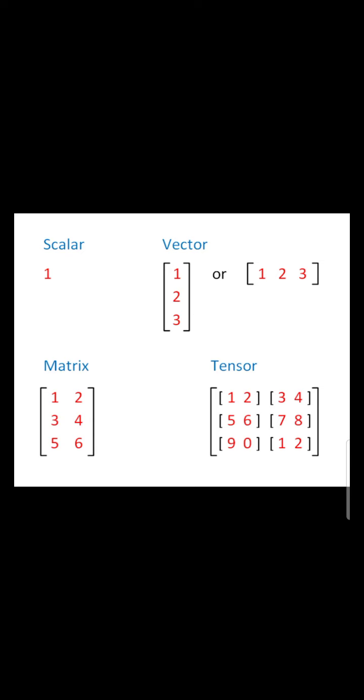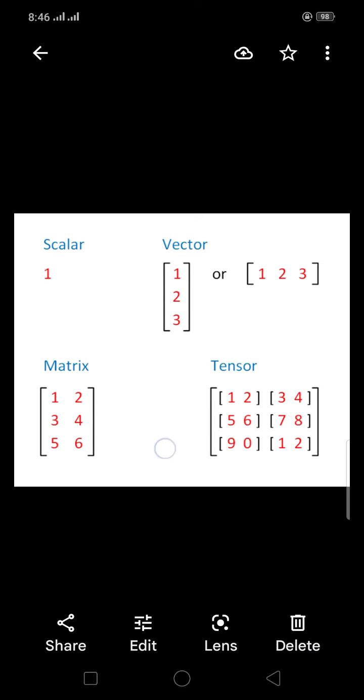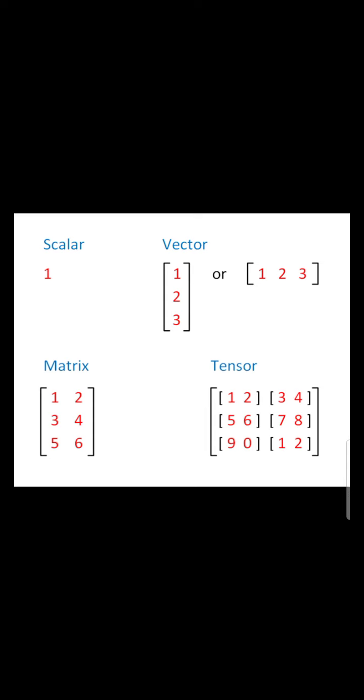N number of matrices means there are different kinds of matrices: matrix 1, matrix 2, matrix 3, just like in figure number 3. Then such matrices composed into a single term, or folded into a single term, is known as the tensor.